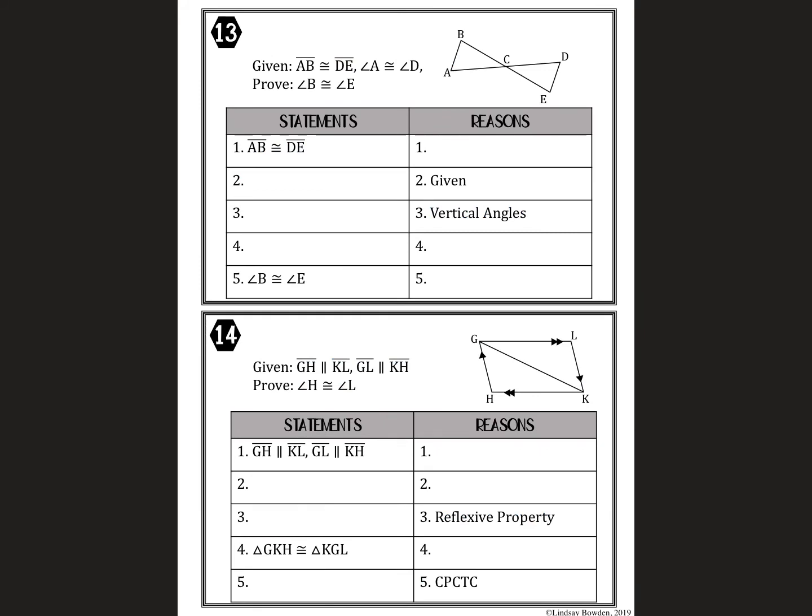For this next one, I'm going to start off with my givens. So AB is congruent to DE. This is given. And I'm marking those with 1 tick mark. So here's AB and here's DE. My second given, angle A is congruent to angle D. Those are angles, so I'm marking with the arc mark in the corner of the angle.